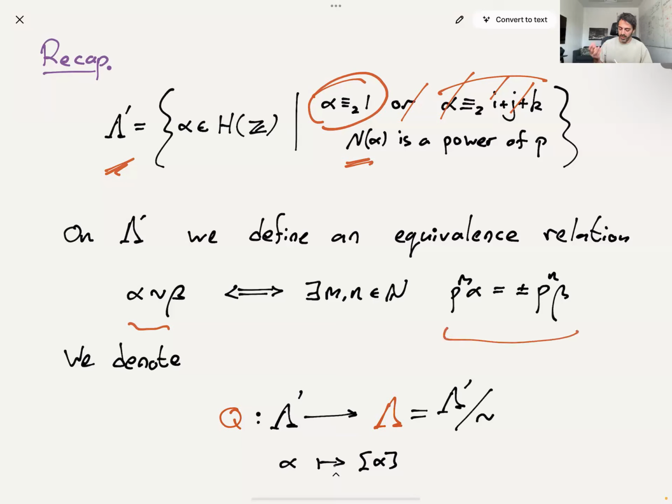And you can show that this is an equivalence relation. We denote by Q the quotient map, the projection that takes every element in lambda prime and produces an element in the quotient, which we denoted as lambda.